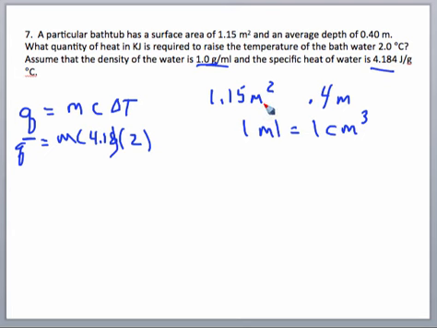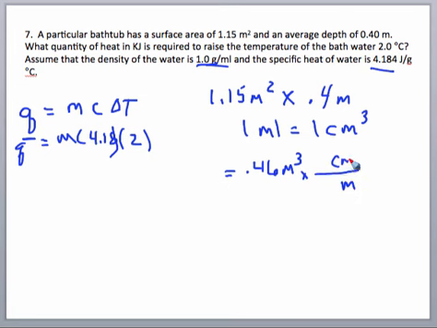Now you could convert these from square meters to square centimeters, or you can multiply these two together, and when you do that, you would get 0.46 meters squared times meters is meters cubed. Now what we want to do is convert meters cubed to centimeters cubed.